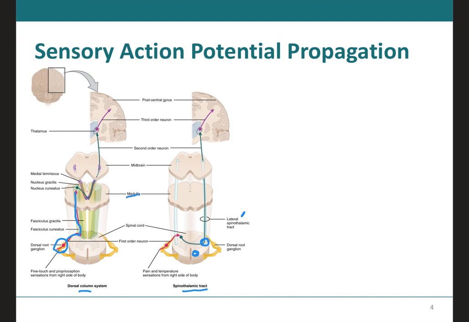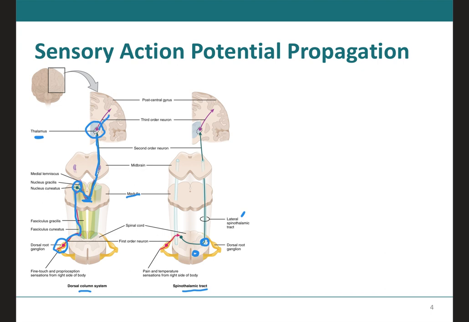And in the medulla oblongata, it will synapse with a second neuron represented here in green. Now the second neuron will then cross over to the other side. This crossing over is called decussation, as it then travels all the way up to the thalamus, where it will synapse with a third neuron, which is represented here in purple.